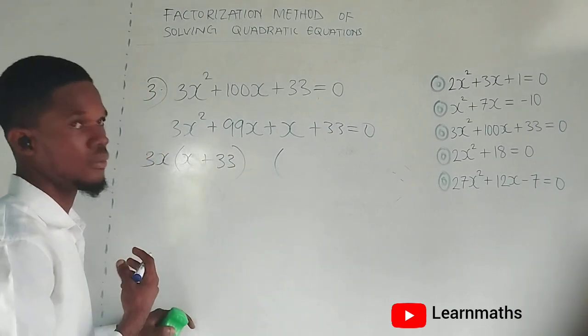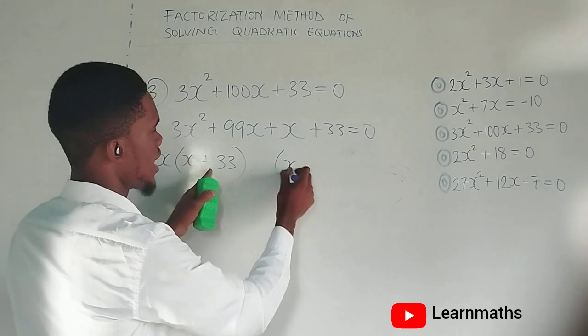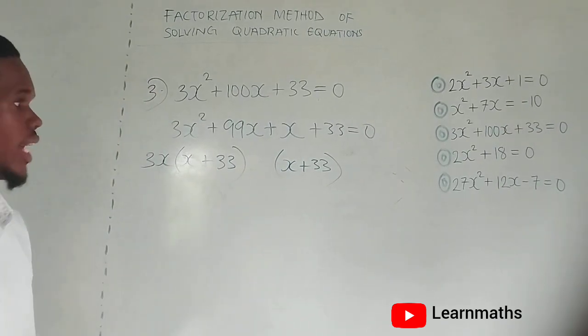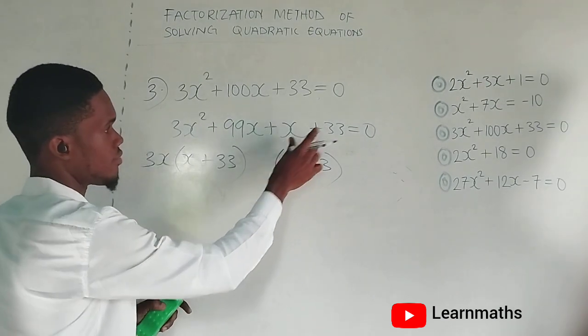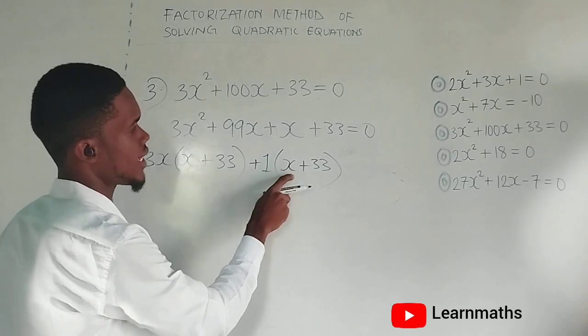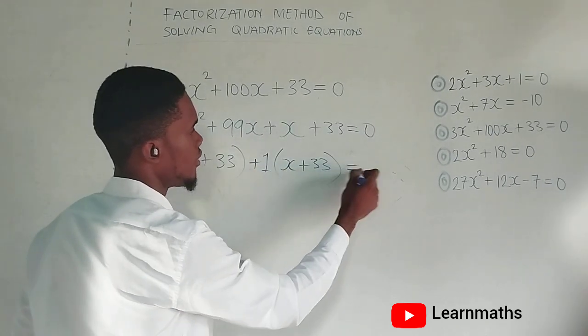Now, I know that the terms in the brackets have to be the same, so I can just rewrite x plus 33. I'm just expecting everything to go alright. So let me see what was factorized from this x plus 33. Positive 1. 1 times x is x, 1 times 33 is 33, all equal to 0.